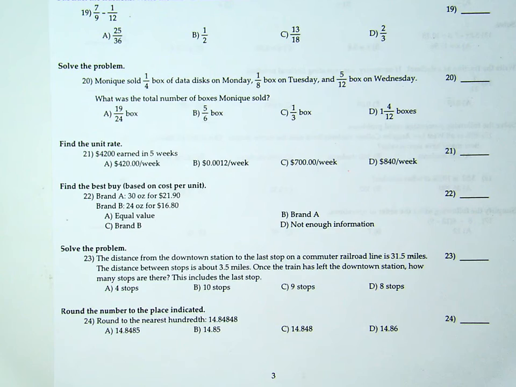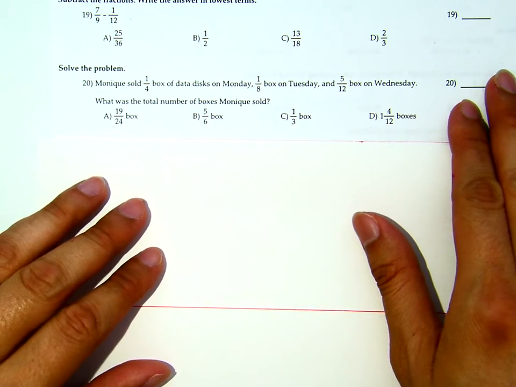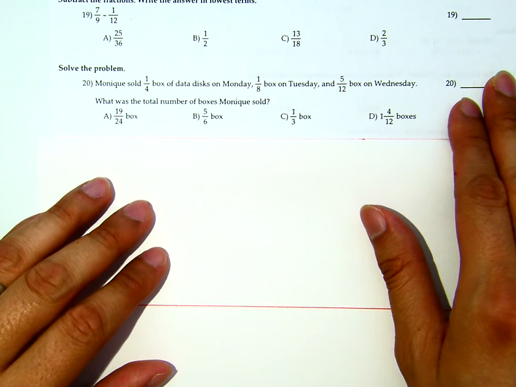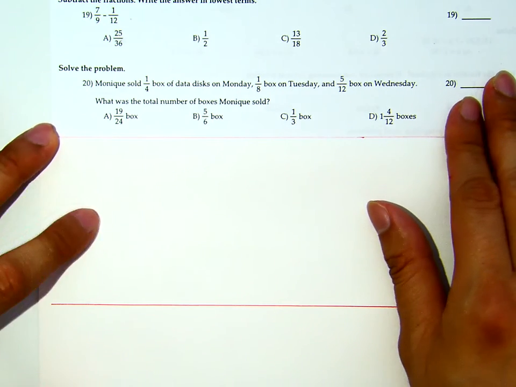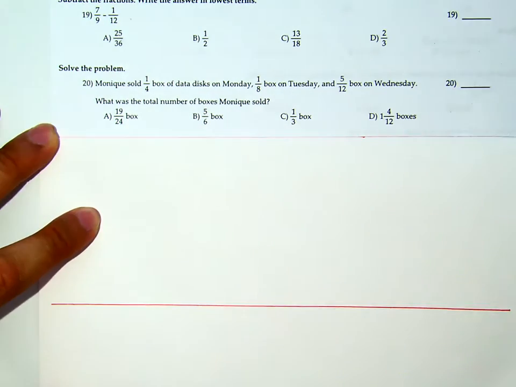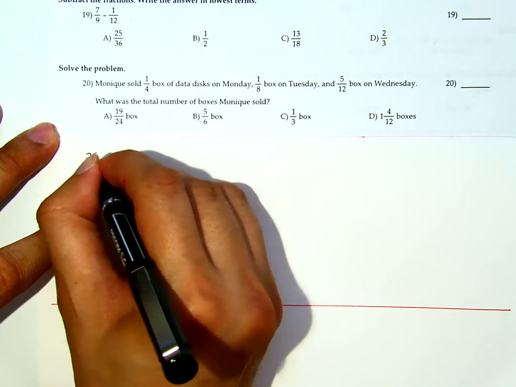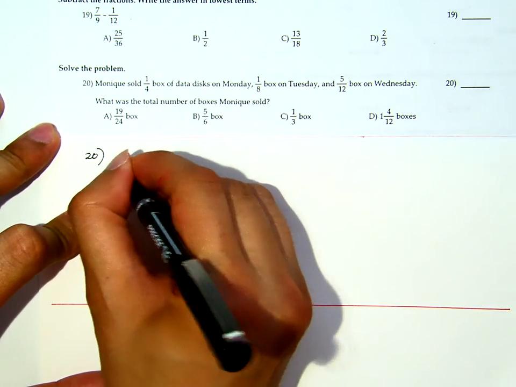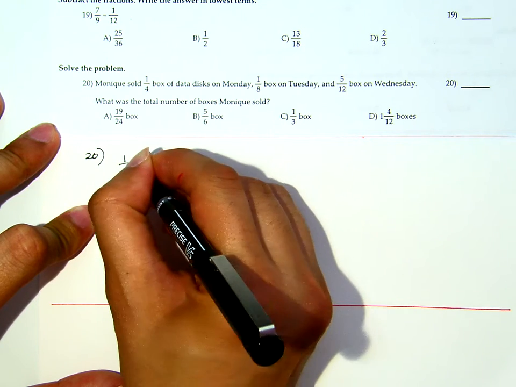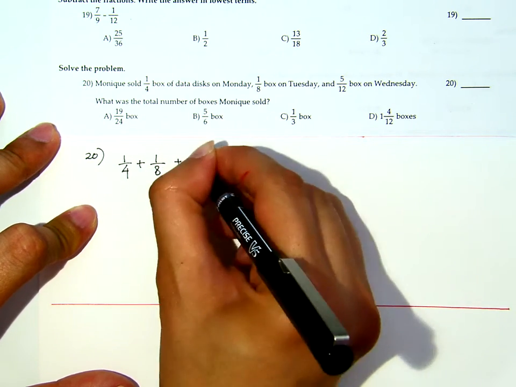Number 20: Monique sold 1/4 box of data disks on Monday, 1/8 box on Tuesday, and 5/12 box on Wednesday. What was the total number of boxes Monique sold? The total will be 1/4 plus 1/8 plus 5/12.